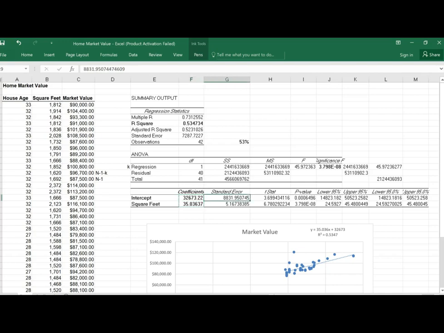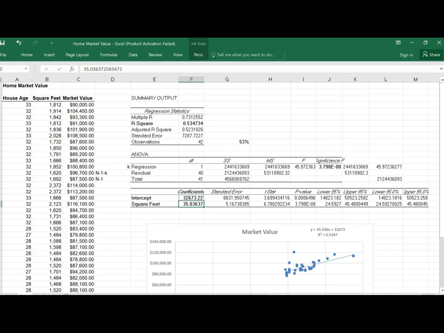Do I need that 0.22? Is it essential? Or should I drop those decimals off? Alternatively, for square feet, I've got 35.036, or 35. Given that the overall number is just 35, going 2 decimal places out is probably appropriate. You probably don't want to go 8 decimal places out because that implies a certain level of precision that is not there in the data.